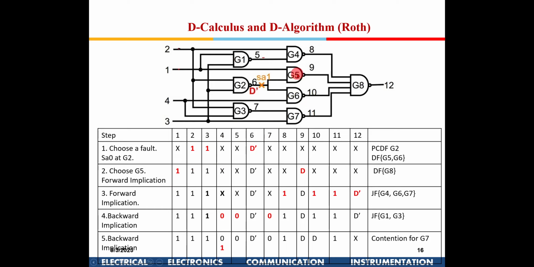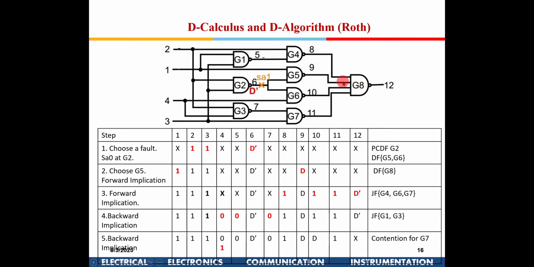Let's make one choice as G5. Now if this D has to come through G5, obviously 1 needs to be put here. So 1 has been put. That brings a D bar at 9, and now G8 goes into the D-frontier.